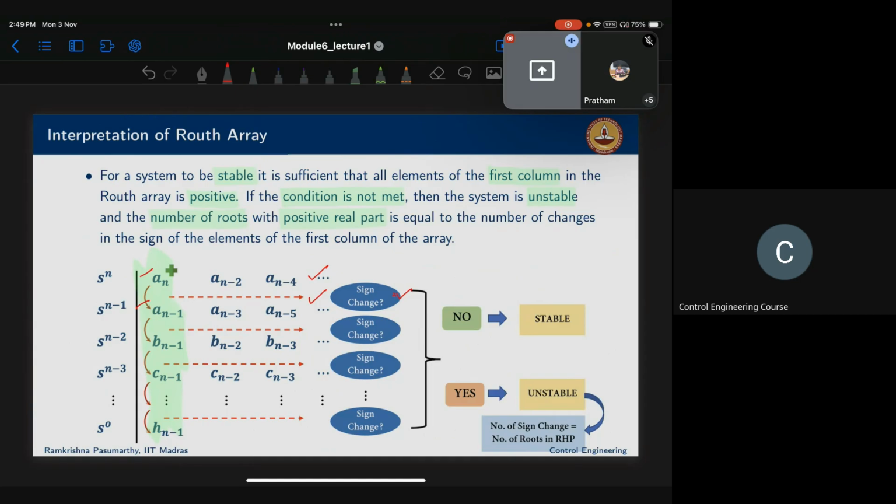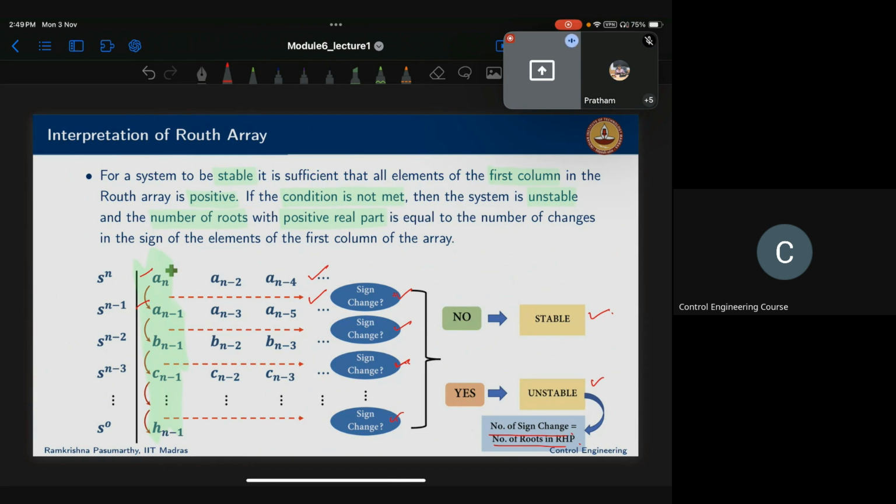Let's say, for example, here also no sign change, here also no sign change. Let's say here we have some sign change, here we have some sign change. So if there are no sign changes at all, we say the system is stable. If there are sign changes, we say the system is unstable. The number of sign changes is equal to the number of roots in the RHP. We'll see examples so you'll understand it in a better way.